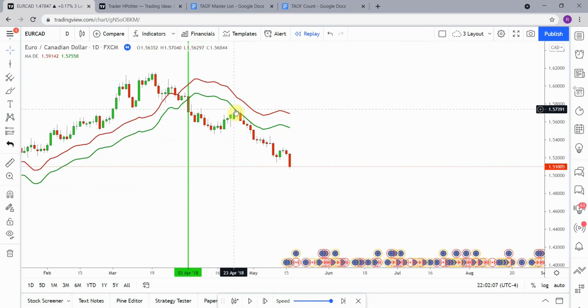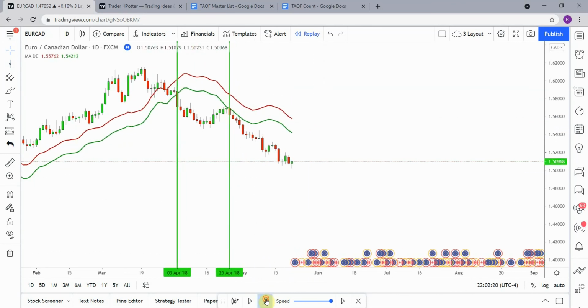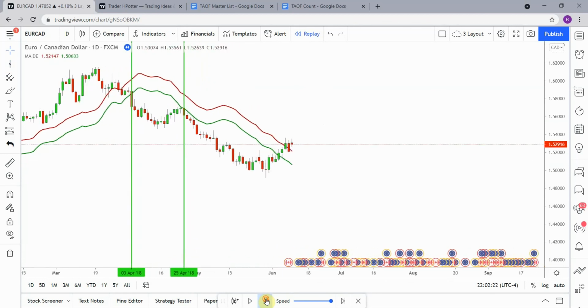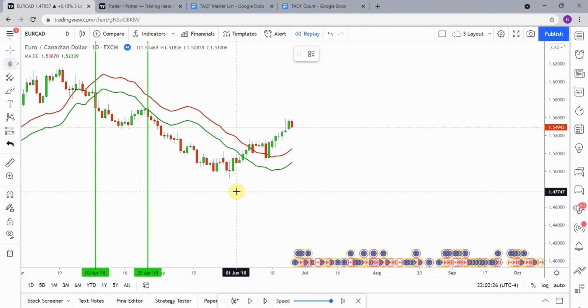And so when this candle opened, it opened inside the channel here, and then it closed to the downside, giving us another signal right there to the short side and another winner. So again, not too bad, moving along rather nicely.